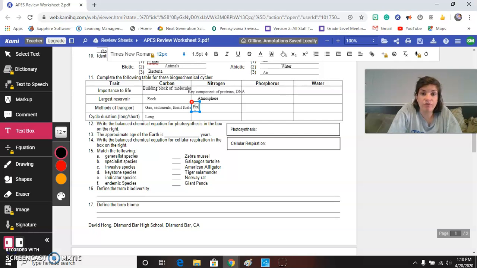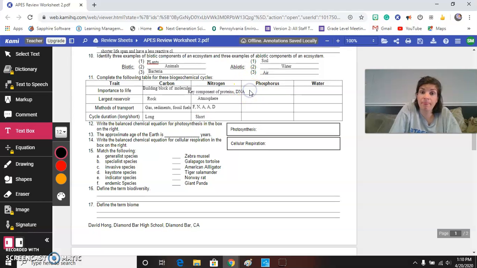You're going to find it through fixation, or they shorten it: nitrogen fixation, nitrification, assimilation, ammonification, and denitrification. So if you ever see FNAAD, that's what that is. And this cycle is a lot shorter than the others. It doesn't take long to go from one of these phases to another.